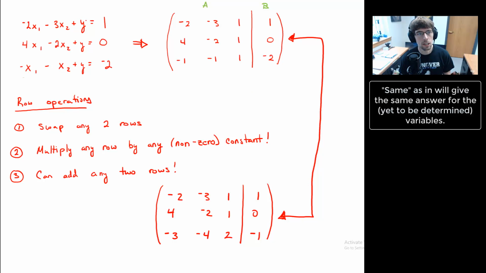Again, looking at our equation representation, this is that I took the top equation and added it to the bottom equation. That doesn't change anything. It changes what it looks like, but it doesn't change what the values of x1, x2, and y are. Okay? Take a minute. Convince yourself that these row operations are okay.